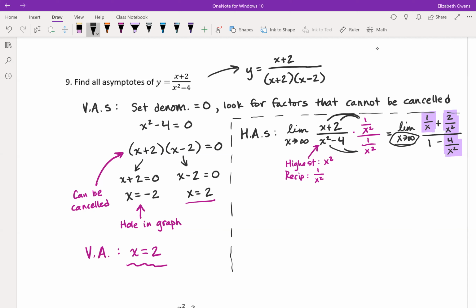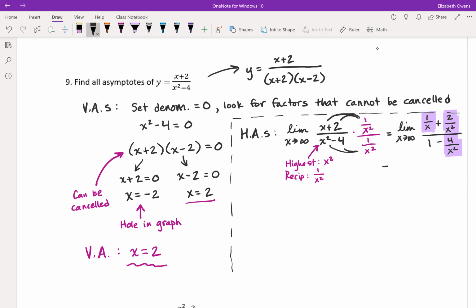As x gets really, really large in either the positive or the negative direction, all 3 of those highlighted terms would still get really, really small and approach 0. So that's why I just like to start with the x approaching positive infinity limit, because often it'll be the same result for x approaching negative infinity.